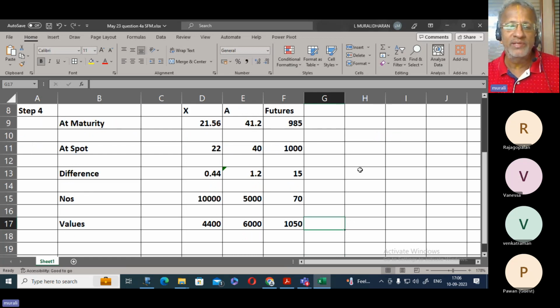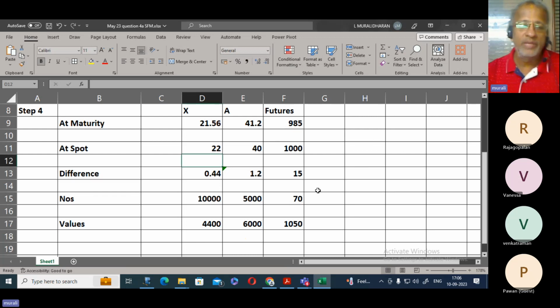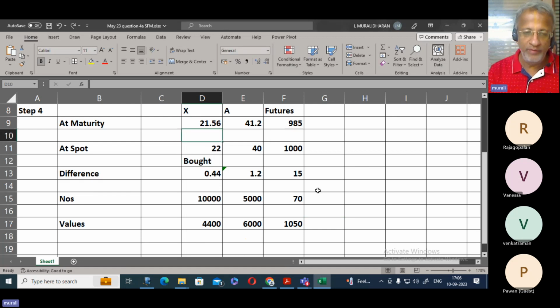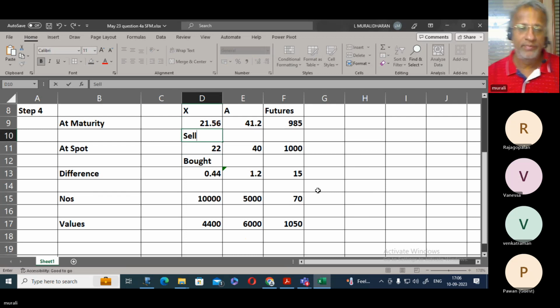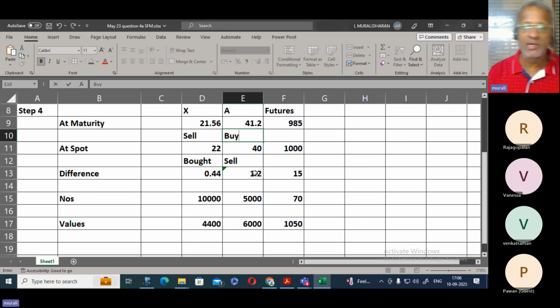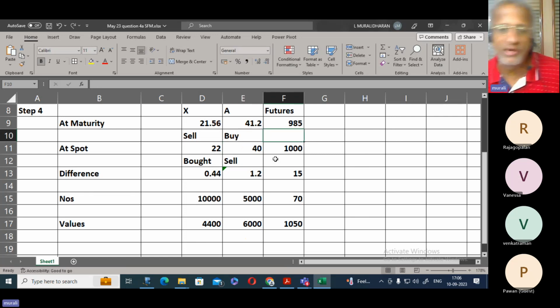Now I am making it open for you to say what action we are expected to do at maturity or at spot. At spot we bought, so therefore it is sell. And here it is sell, so we are expected to buy. Correct? Yes or no?